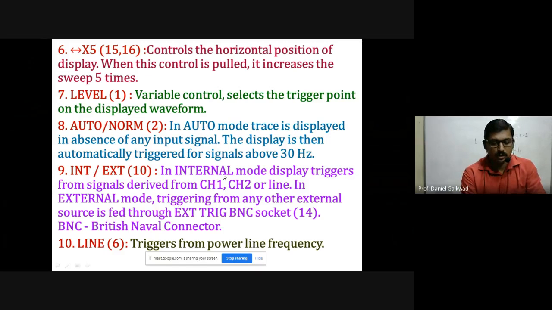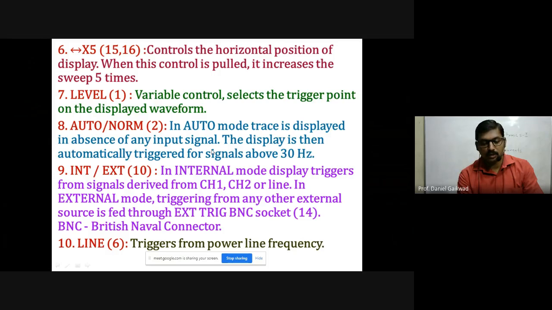Okay, next is auto or norm, the second key. In auto mode, trace is displayed in the absence of any input signal. So auto means it displays the wave, displays the beam without an input signal.